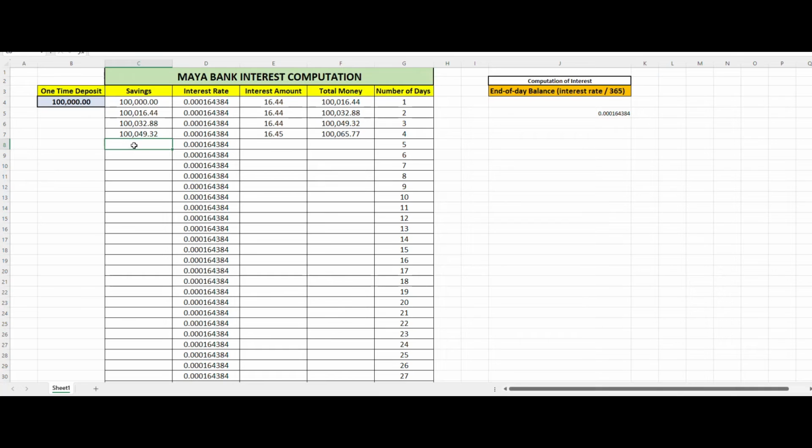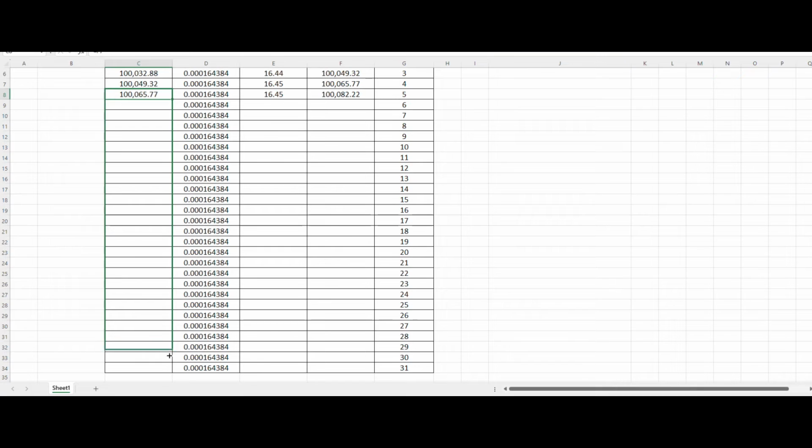Then for day 5, this is now your new savings, the end of day balance. For the interest amount, we have the savings times the interest rate. So your total money is 100,082.22 pesos.